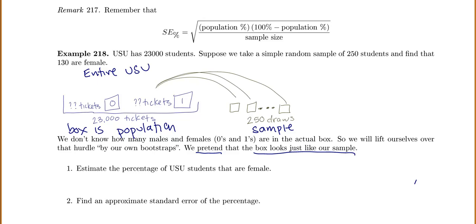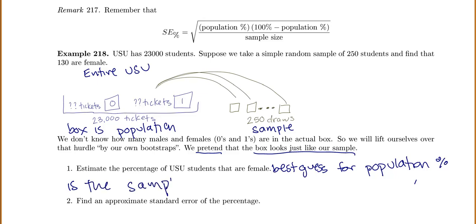Number one, let's estimate the percentage of USU students that are female. Our best guess for the population percentage is the sample percentage. To find the sample percentage, you say, okay, 130 out of 250 were female.